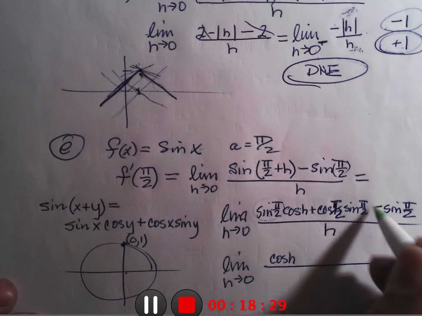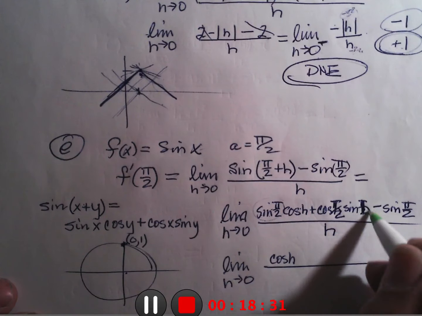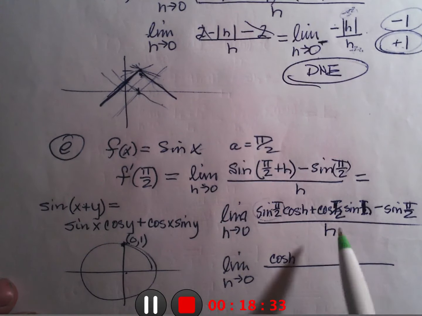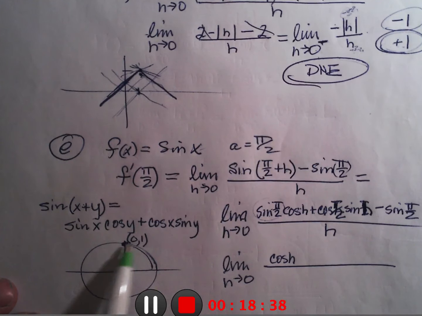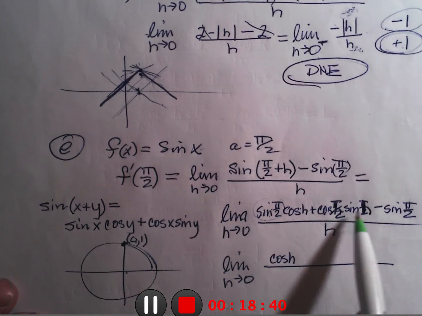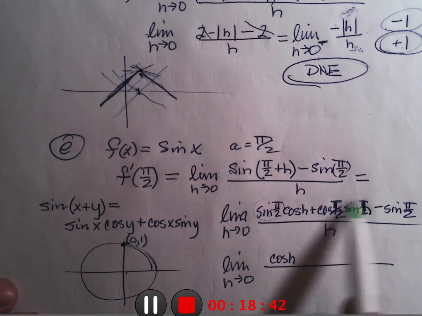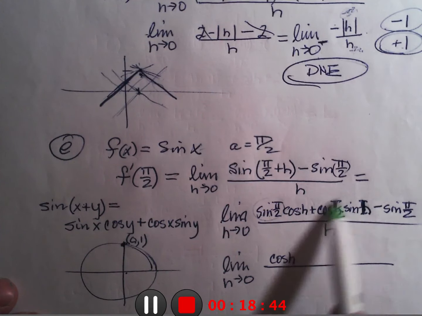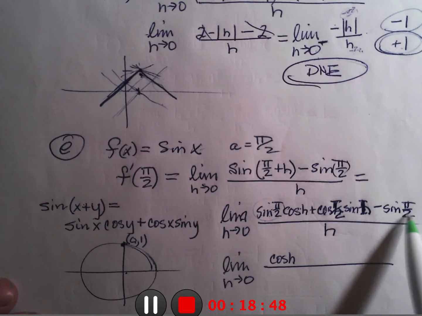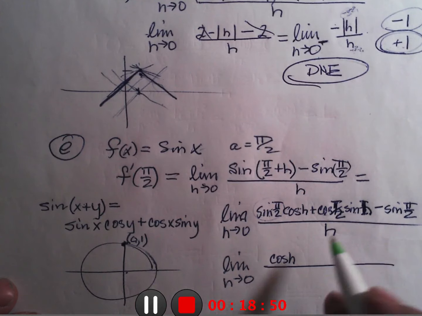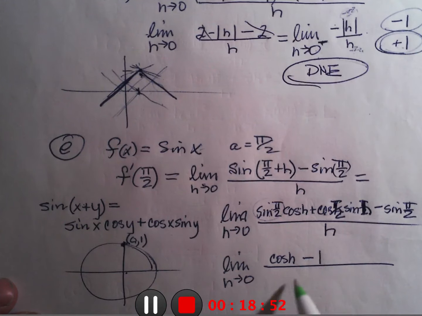Boy, did I mess that up. Cosine of pi over 2, that's the x-coordinate on here, and that's 0. So 0 times sine of h is 0, so all of that is gone. Minus sine of pi over 2, that is 1, so we got minus 1 over h. Sorry about that.